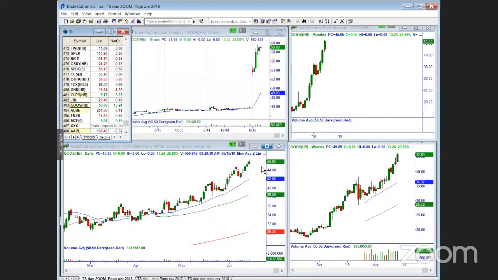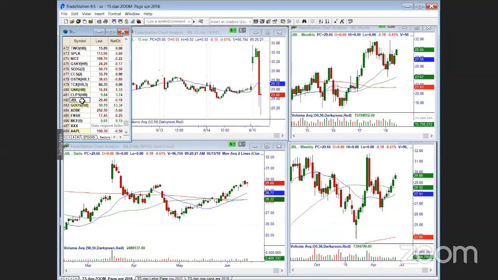Whoa. This might be another gap and crap out of the money bear call spread candidate. Wow, look at that gap. But we've seen many gaps that doesn't mean they're going to stall. Remember FIVE, Restoration Hardware, Tiffany, I can go on and on.